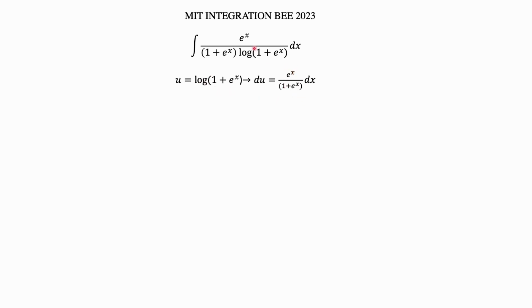In this case you also have e to the power x, and that makes your life easier, because when I plug all my substitution back in, this becomes du over u, and this is the standard integration, log of u plus c. Then you plug back your substitution and you get this simple looking answer, log of 1 plus e to the power x.